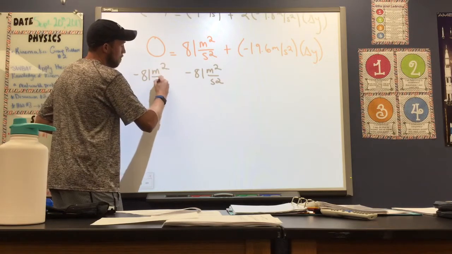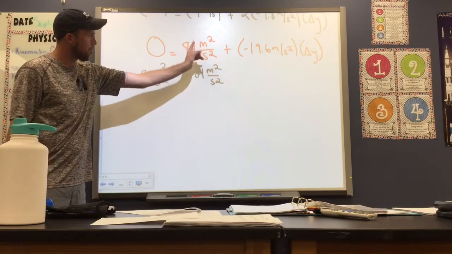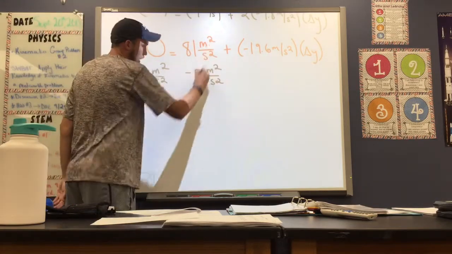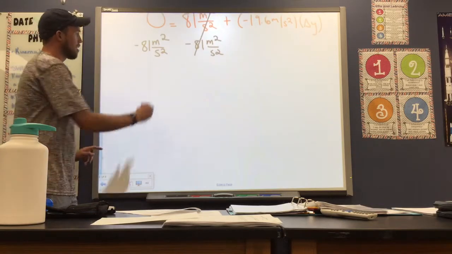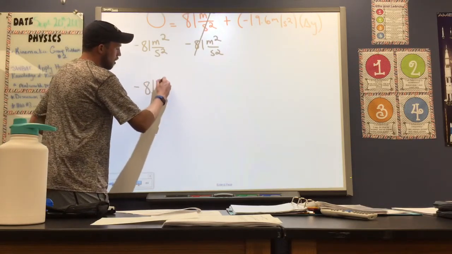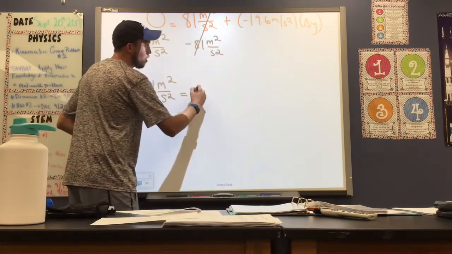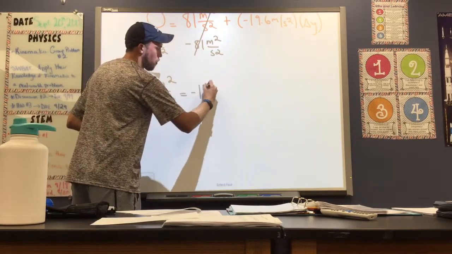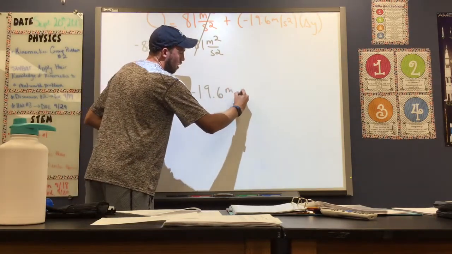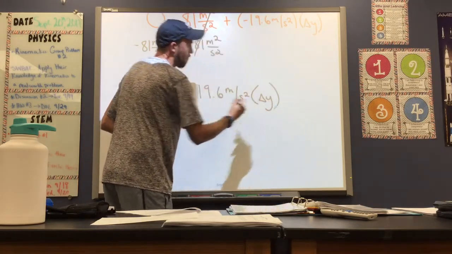Remember, that equal sign means that whatever I apply to one side, I have to apply to the other. If I subtract 81 from 81, that should go to 0. And what I'll be left with is an equation that looks like this: negative 81 meters squared per second squared should be equal to negative 19.6 meters per second squared times my delta y, which is what I'm looking for.